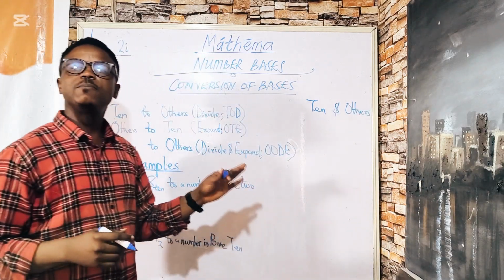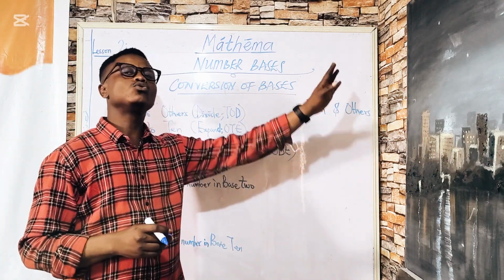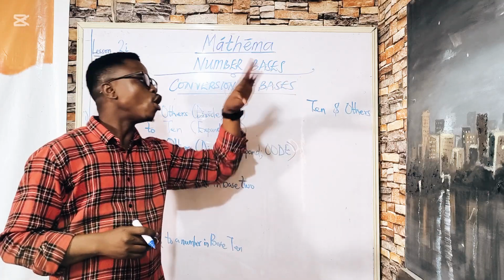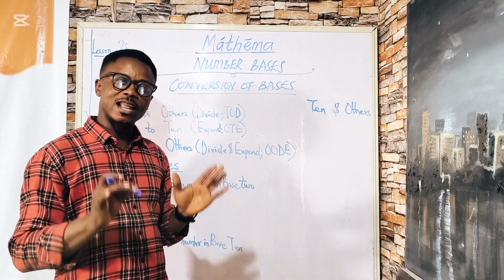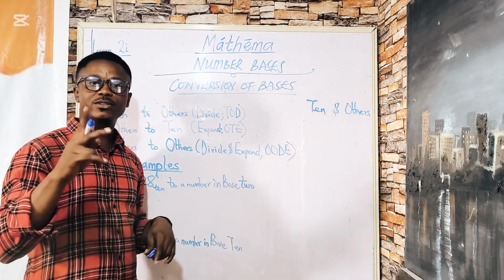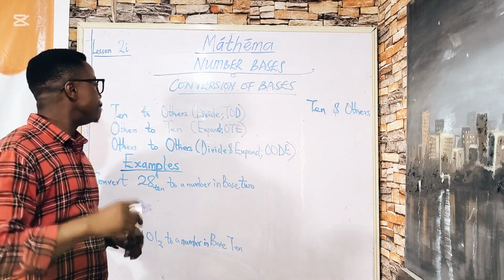So it's either 10 or others. 2, 3, 4, 5, 6, 7, 8, 9, they all fall into others, and then we have base 10 in a class of its own. But please take note that base 2 is the least base we have.